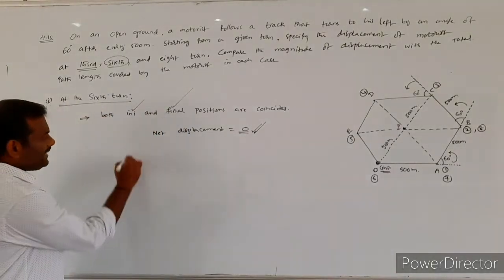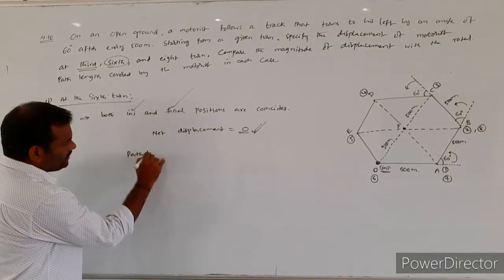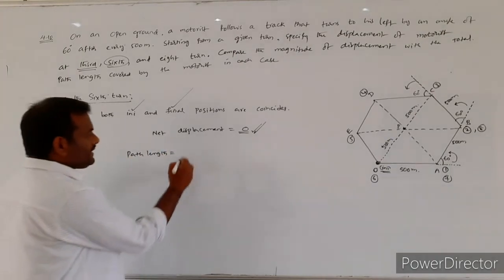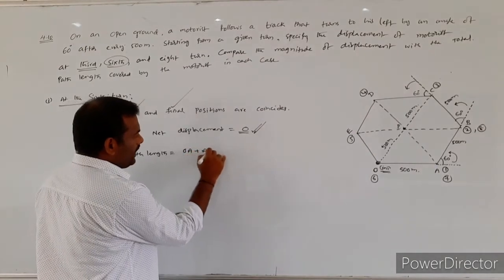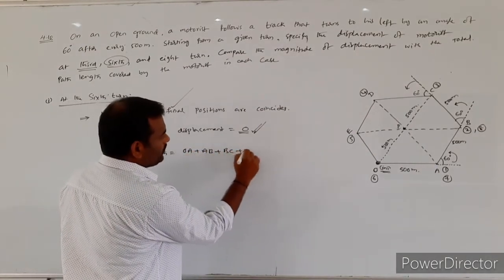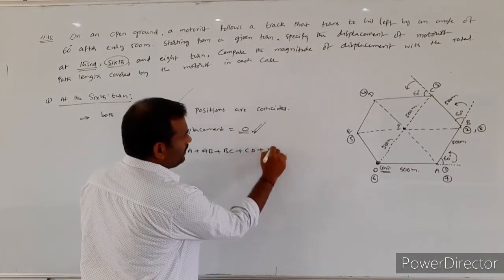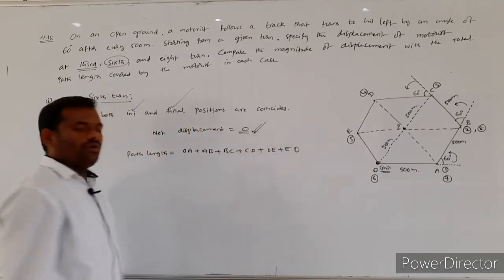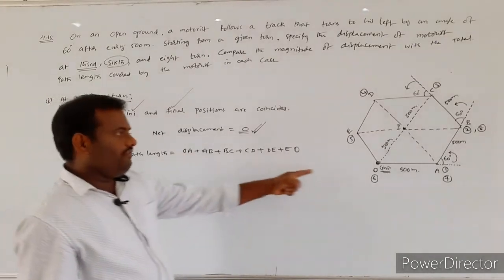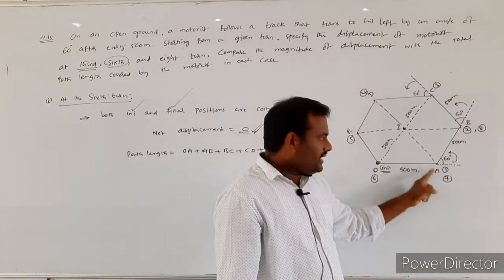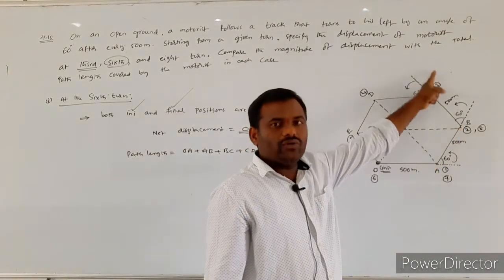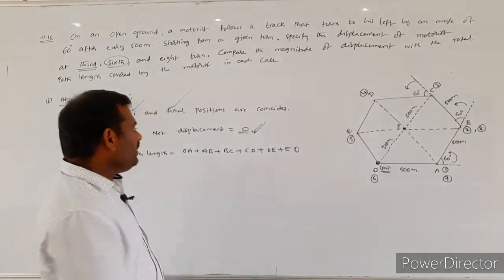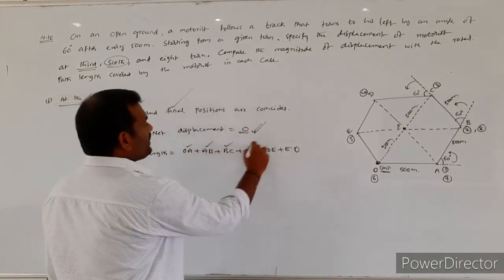Now coming to the path length, what is the path length? O to A to B, B to C, C to D, D to E and E to O. O to A first path, next A to B, B to C, C to D, D to E and E to O. Each value is equal to 500, as we know.